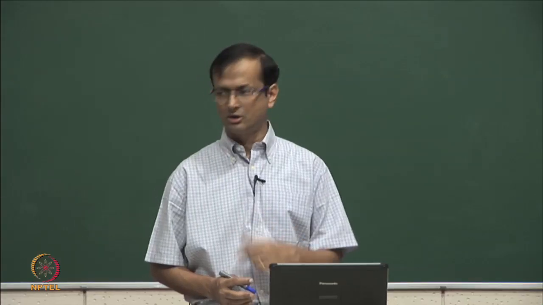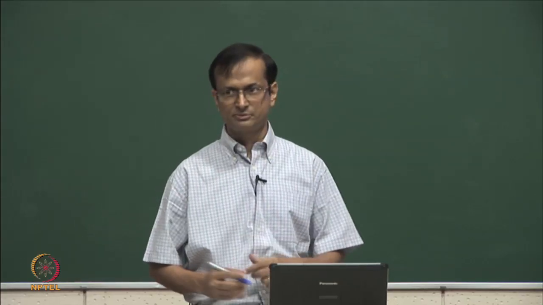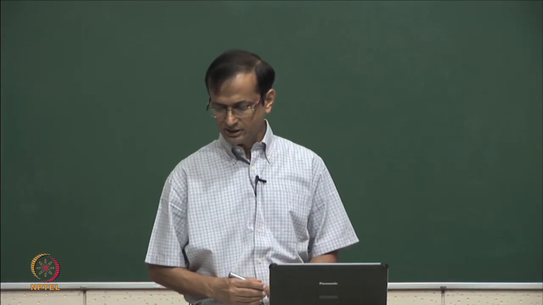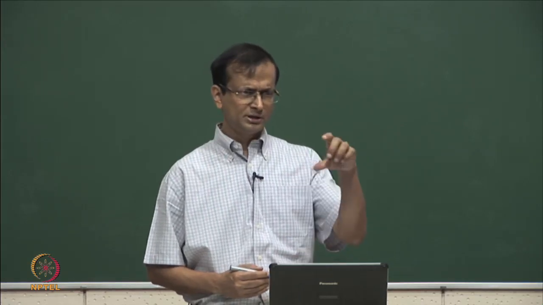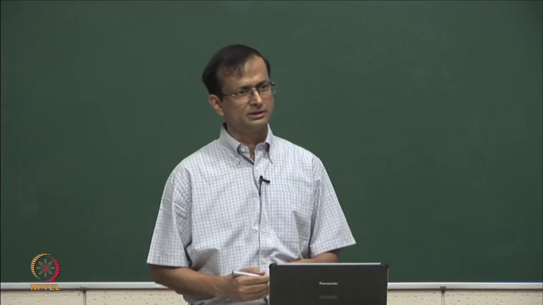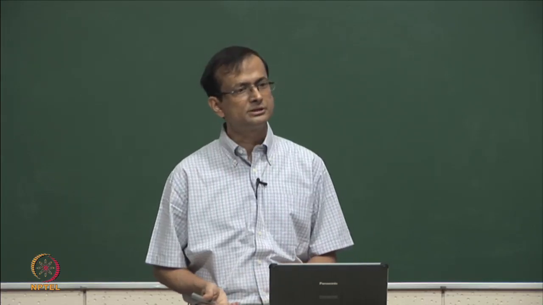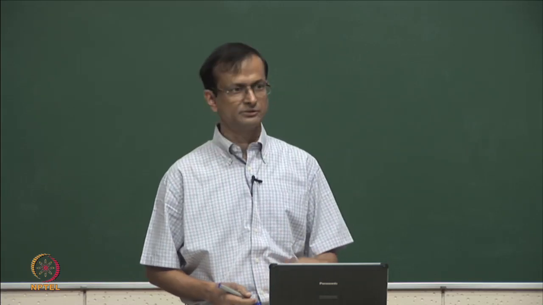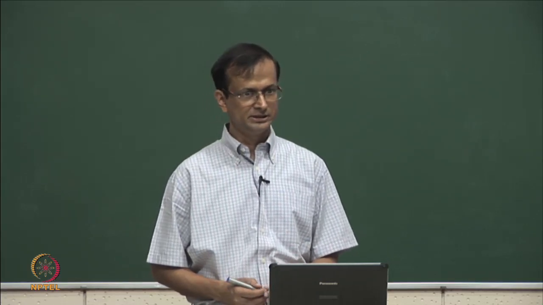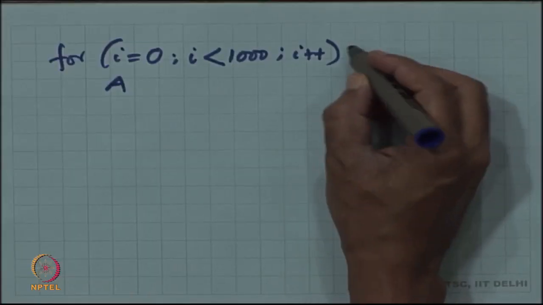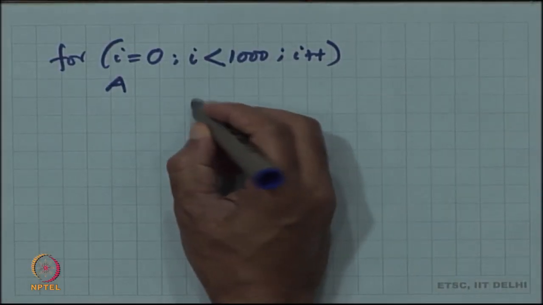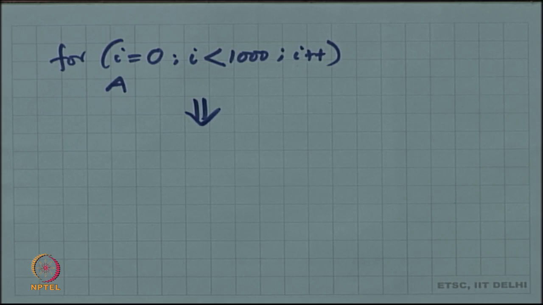It does depend on some of the hardware parameters, but you may say that up to 4 consecutive iterations I can unroll. Beyond that, there is not much value because resources are not there, and the exploitation of that resources is not really leading me anywhere. So, I can say 4 at a time. What does the loop look like? Unrolling this 4 at a time means what does the resulting loop look like?